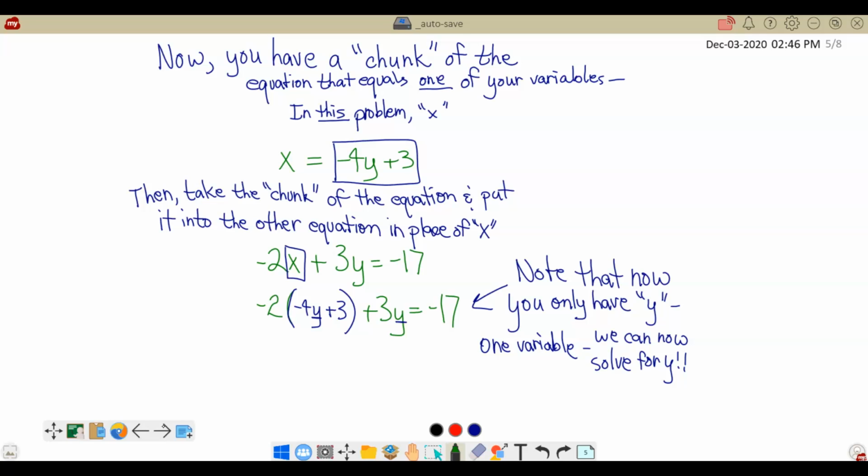And in the next frame down, that's exactly what I did. I substituted this negative 4y plus 3 in place of x. Note, now I only have y, one variable. We can now solve this equation.